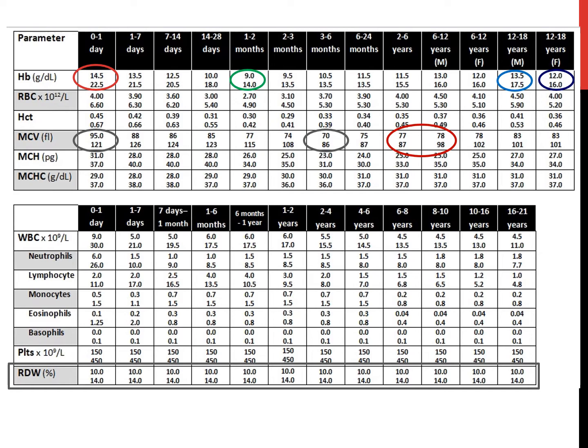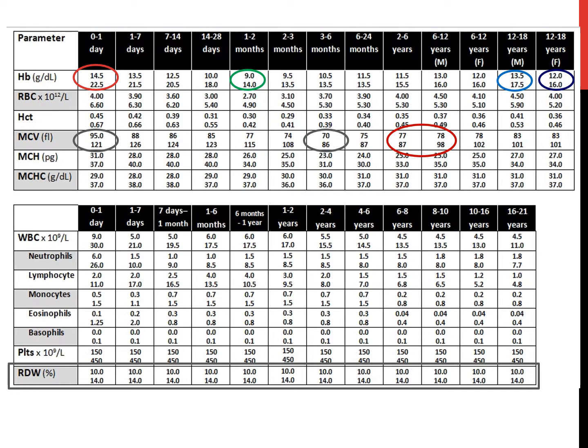So the size of RBCs is very large, then decreases, then enlarges again. For white blood cell count, it's clear that it is very high in the first day of life, ranging between 9,000 and 30,000, and then the cutoff value for leukocytosis becomes 21,000. Then at the age of 1 month it's 19.5, and at the age of 6 months to 1 year it's 17.5.